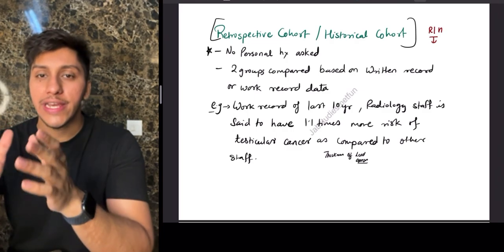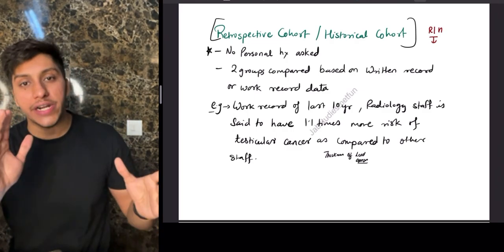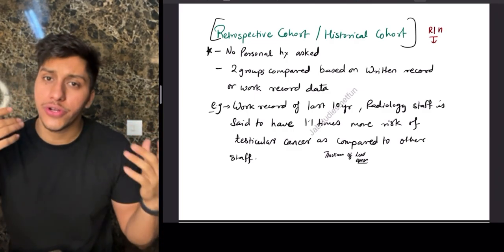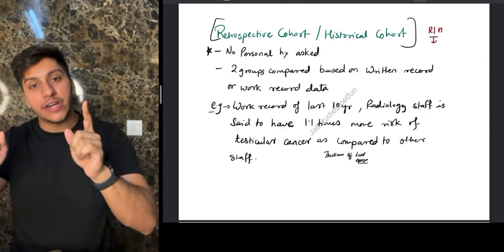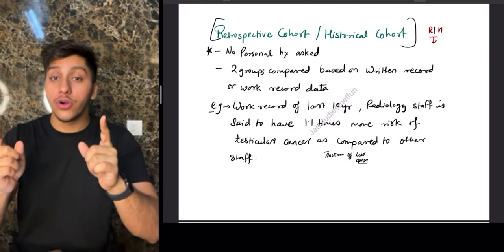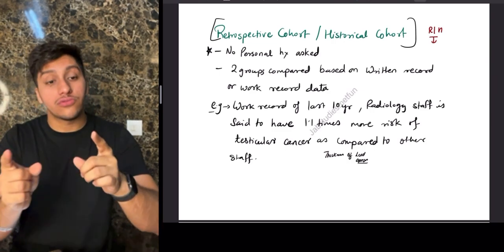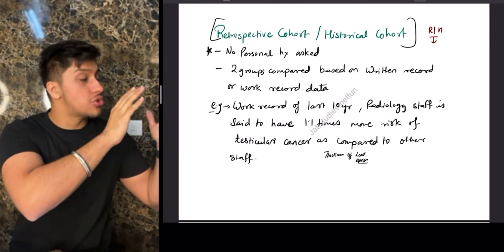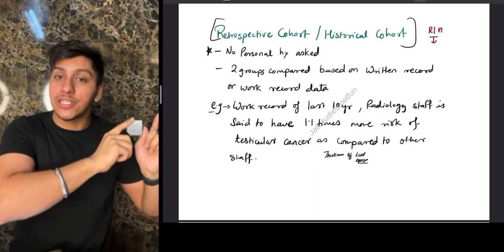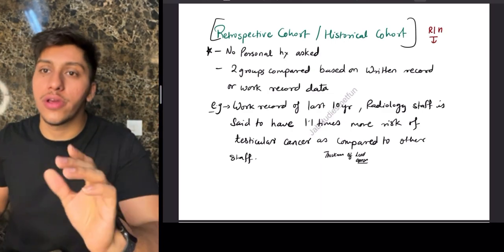If I want to study that, maybe some other researchers collected data in 2015 and did a cohort study. Now if I make a study out of those old data, an already done study, taking that data from the past, that is known as retrospective or historical cohort.